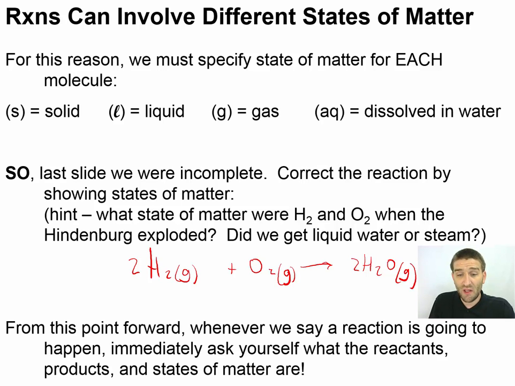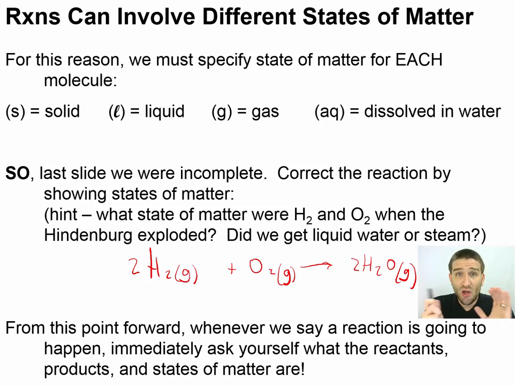Now, from this point forward, if we ask you to think about a reaction, always make sure that you think about what the reactants and products are going to be, and you think about what your states of matter probably will be. Later on, when we add some of those intermolecular properties in, we'll start being able to infer whether it's a solid, a liquid, or a gas.